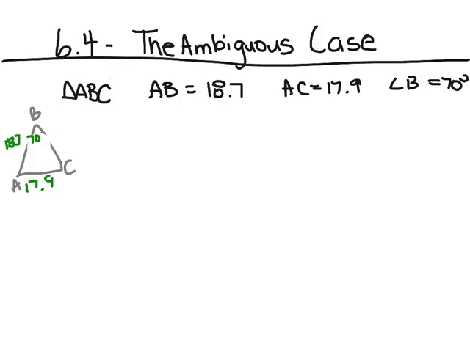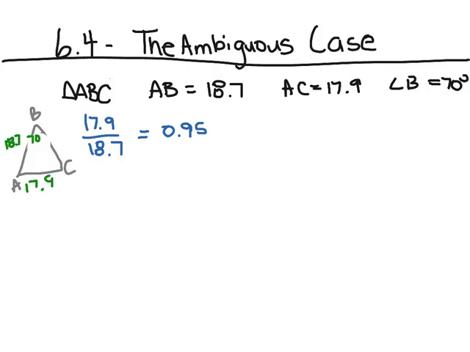So first, let's see how many triangles we get. If we do our opposite divided by our adjacent, so it'd be 17.9 divided by 18.7, you should get 0.95. So we know that this is less than 1.